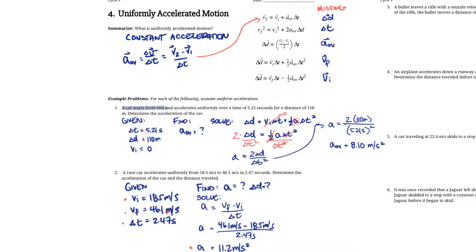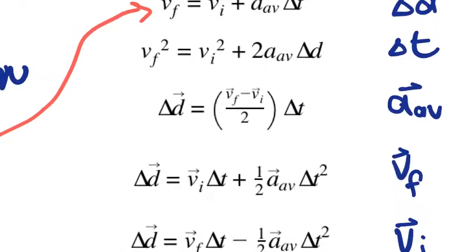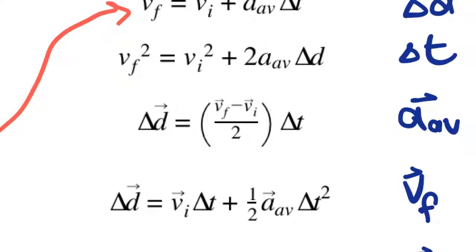Let's try to stick to these three still. So which one of the equations uses these three and delta d? Well, it's going to be this one, right? The one that doesn't include average acceleration. And now that I'm looking at this, I actually see there's a mistake here. This equation right here should be VF plus VI over 2.